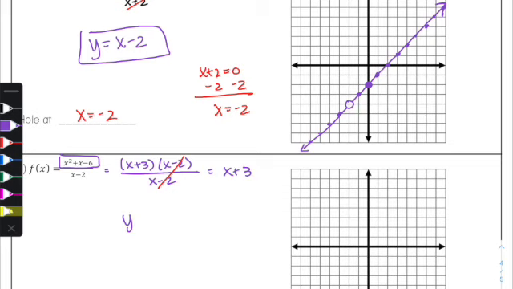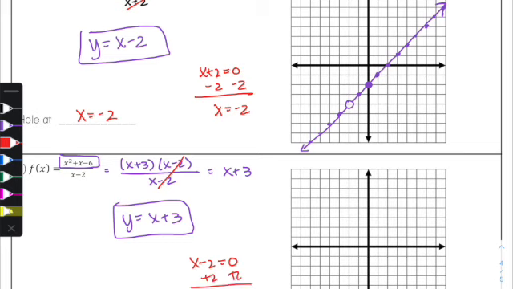So my line is going to be y equals x plus 3. I can graph that. However, the x minus 2's canceled. So if I solve x minus 2 equals 0, that means that I have a hole at x equals positive 2.